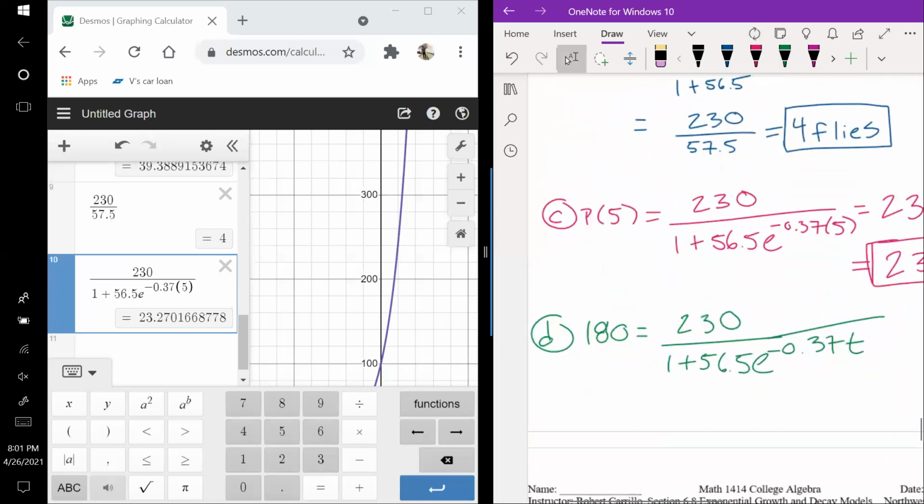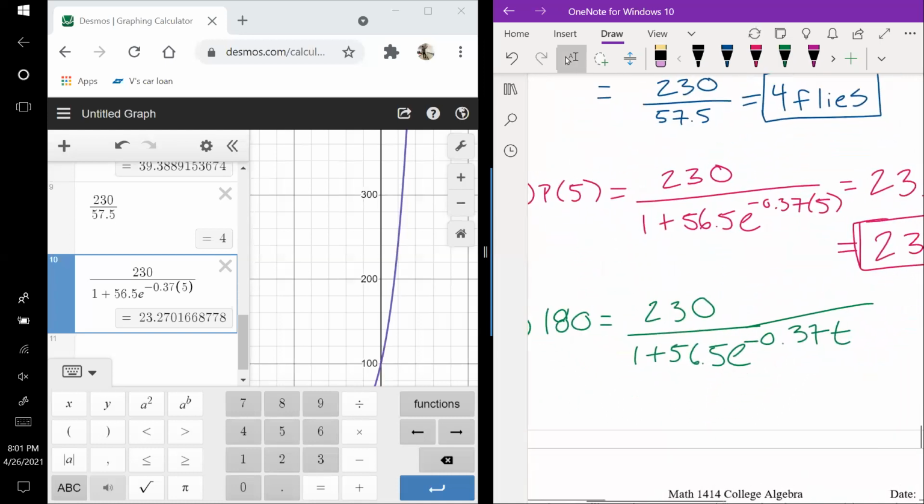Now we have to solve for t. First, we multiply to the left side to get that out of the denominator.